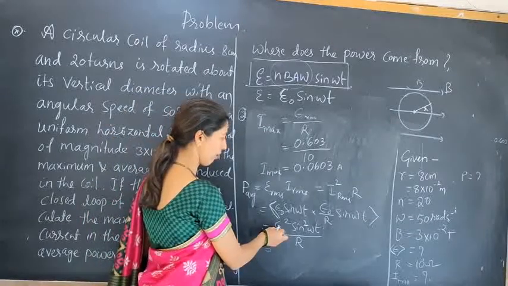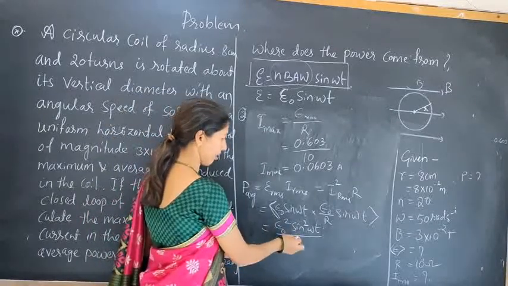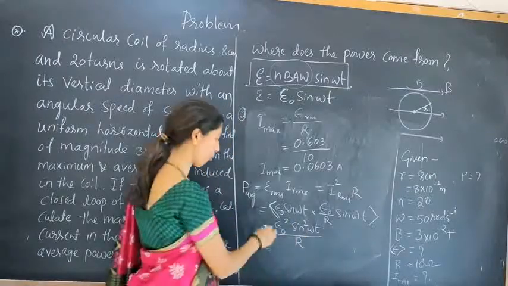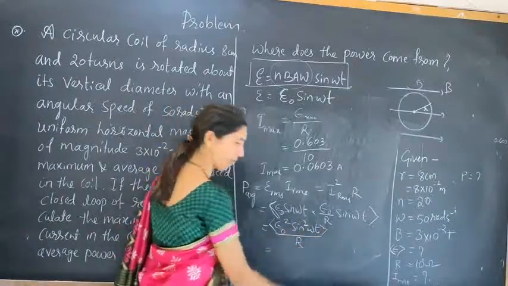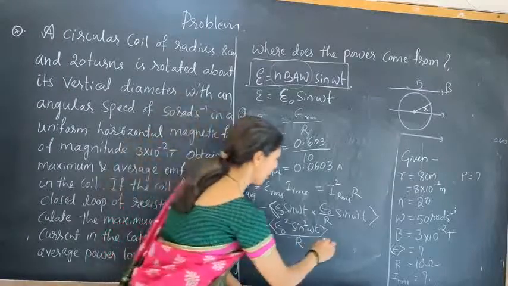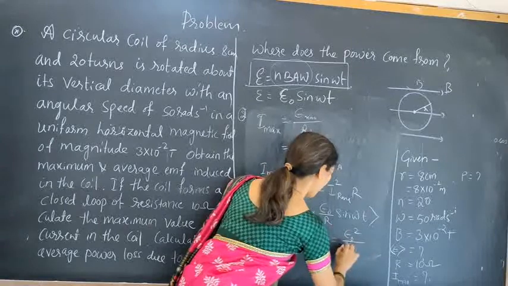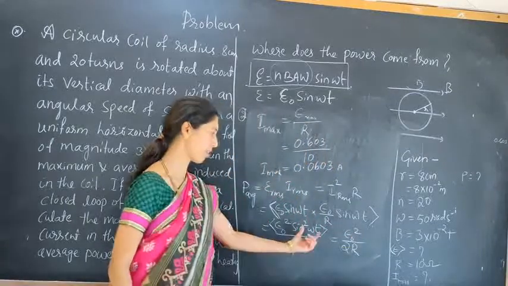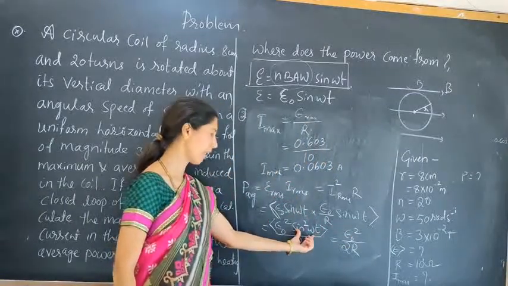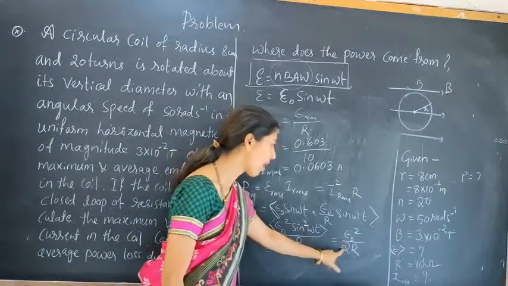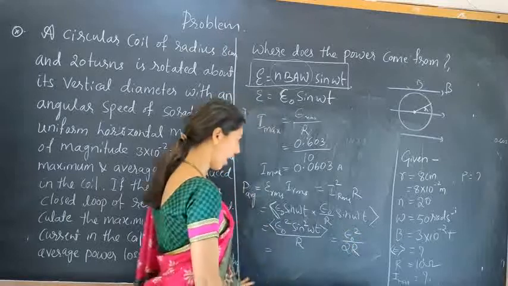The average value of sin square omega t is half. Therefore the formula becomes E naught square divided by 2R, half E naught square divided by R.